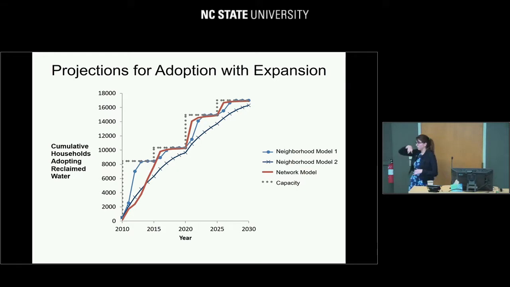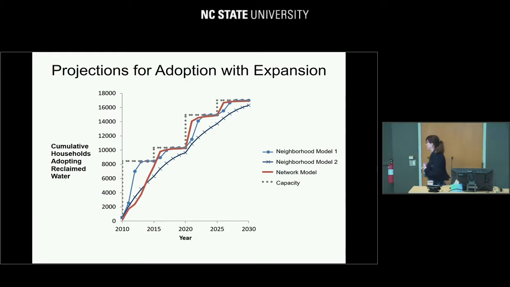So the gray line shows the increase in capacity. So there's kind of this step up in infrastructure availability every 5 years. And then we just apply the models that we developed, the CA model 1 and 2, and the agent-based model to project adoption given that there's new capacity available.